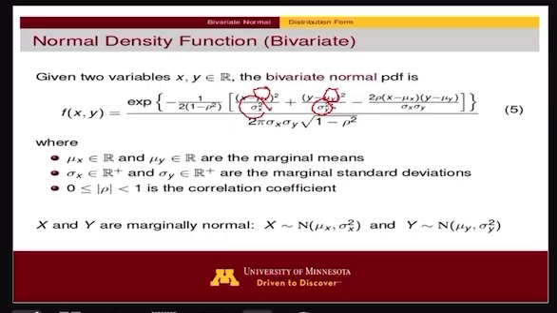And not only that, I need you to take a look at this guy. That's rho, the correlation. In this bivariate architecture, we incorporated what can measure the relationship between the two variables.